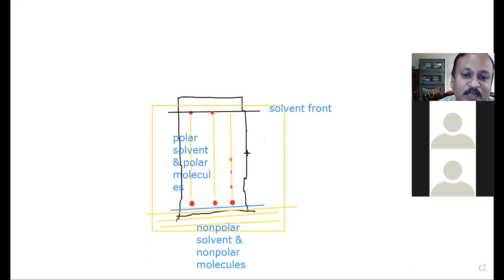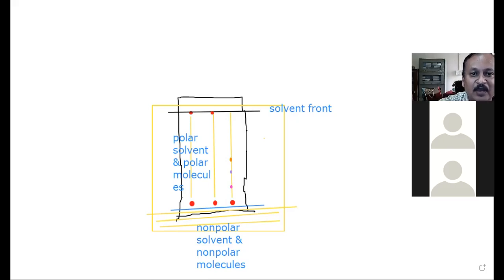Why are they getting partitioned? Because the molecules have a certain polarity, and the polarity of the solvent is adjusted in such a way that the solvent system is neither too polar nor too non-polar. That is what we are actually trying to do when we use different kinds of solvent systems. Now, how do we decide?